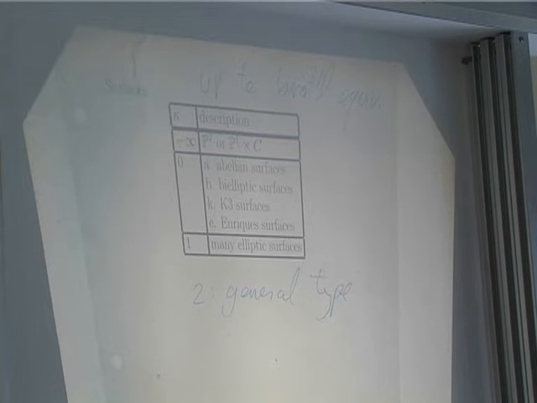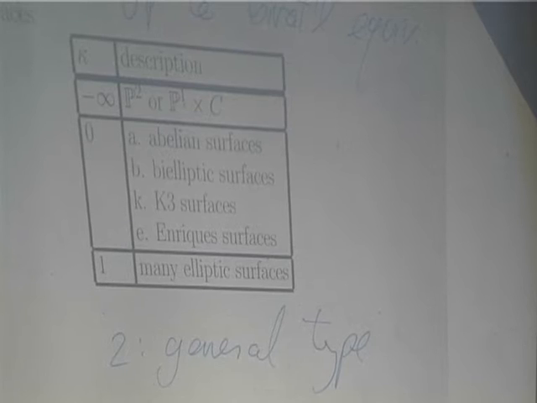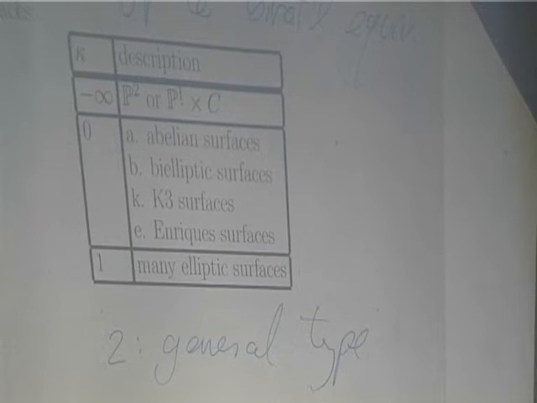Bielliptic surfaces are surfaces that are quotients of products of two elliptic curves by an exotic automorphism group. I'll give you an example that is very important later on.